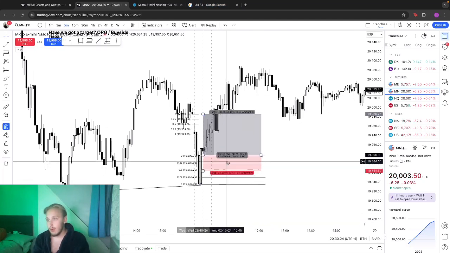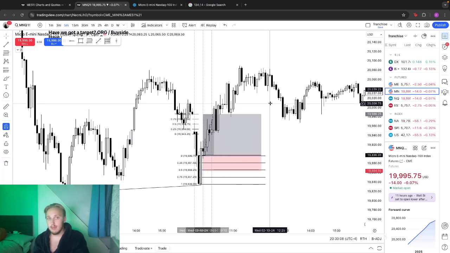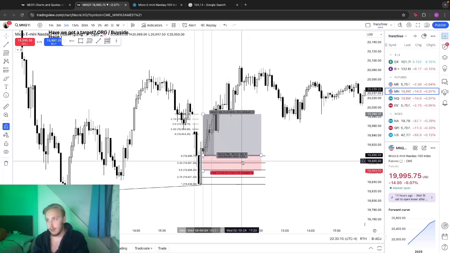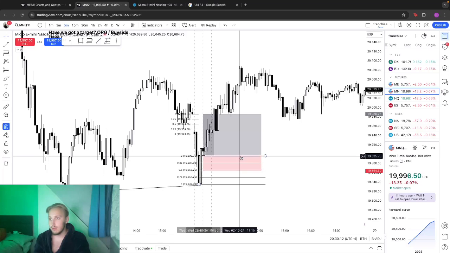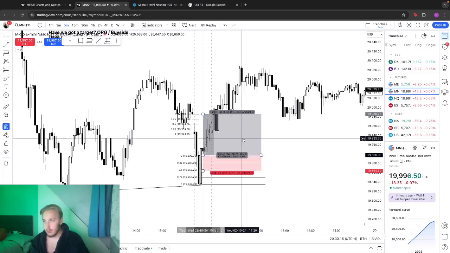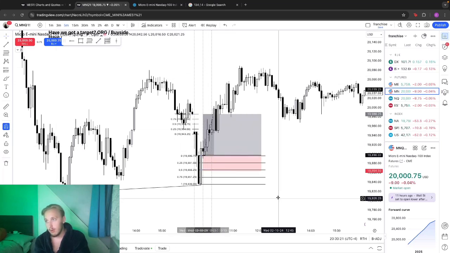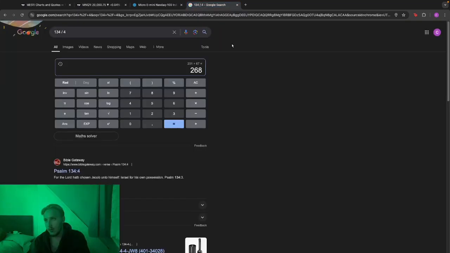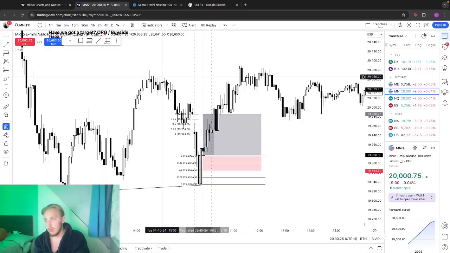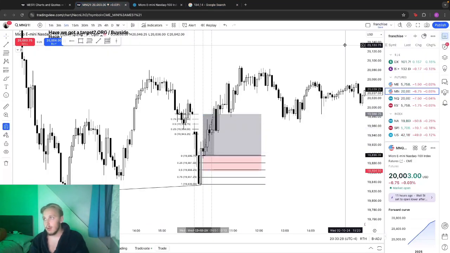This is never going to be worth 0.5% on one micro. They're worth 50 cents each tick. So unless you've got a massive stop loss, you're not going to blow your account. So work it out on one micro as I've just shown you, and then just add more contracts. Simple as that. Or just enter with one micro.